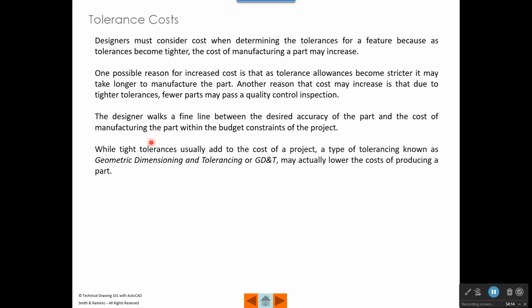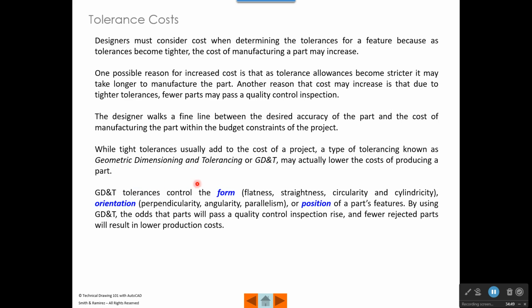While tight tolerances usually add to the cost of a project, there is another type of tolerancing known as geometric dimensioning and tolerancing, or GD&T, which may actually lower the cost of producing a part. GD&T is generally a topic that's discussed in more advanced machine design courses, and I recommend that if you're interested in really learning dimensioning and tolerancing, that you study geometric dimensioning and tolerancing.